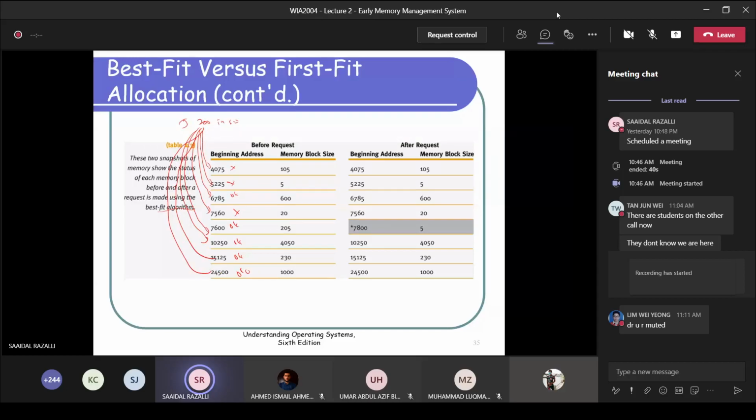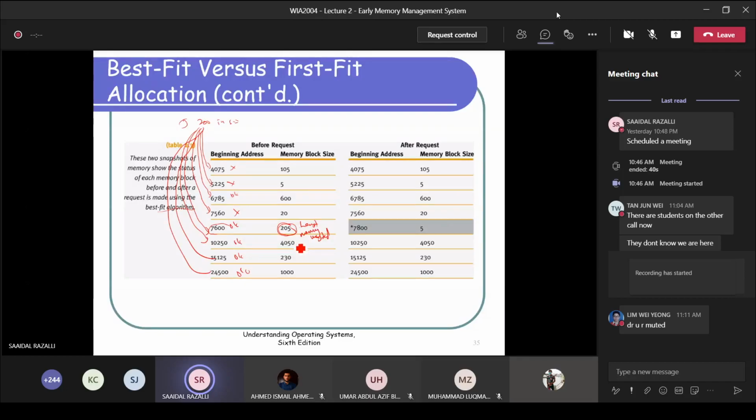But which one is the best fit for the memory? Which partition best fits the job size? Of course, this 7600, because it is 205, so only 5 kilobytes is wasted, rather than selecting this one which is 400, this one 3850, this one 30, and this one 800. So this is the least memory wasted. So this is the best fit.